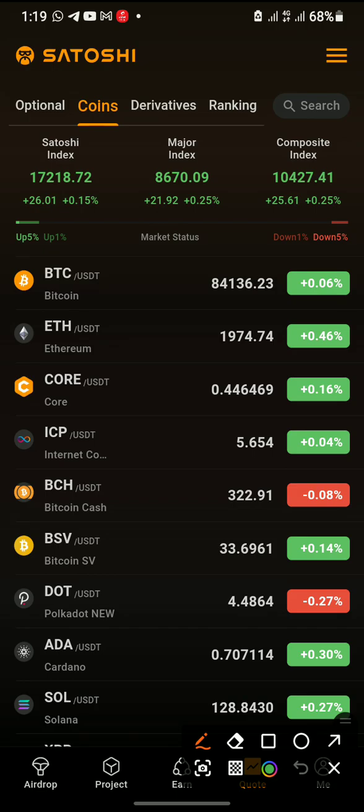Imagine if you sold Bitcoin when it was at 106, and right now you buy it back at 84,000. That means you still have your money, you still have your coin. That means you made a lot of profit. Just imagine 106,000.